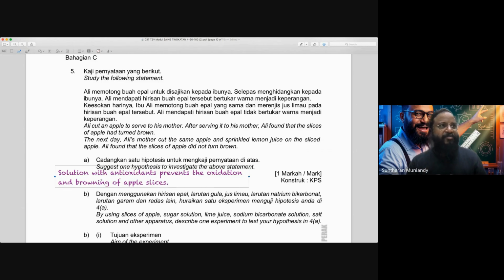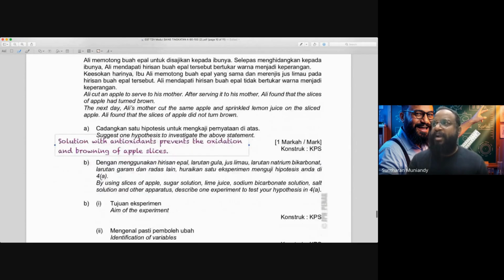Straight away, I give the fact which acts as the hypothesis. Solution with antioxidant prevents the oxidation and browning of apple slices. That is my hypothesis now. 1 mark I scored here.